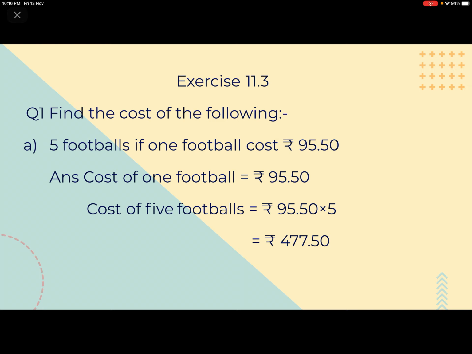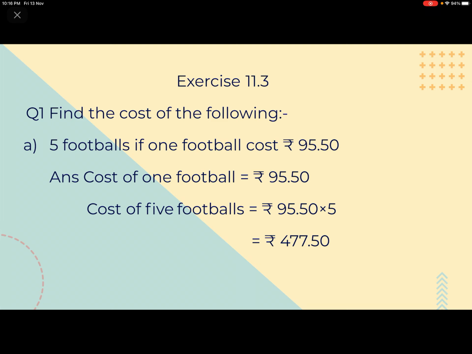So open your notebooks, put today's date, exercise 11.3 and the first question. Find the cost of the following. So the first part, 5 footballs, you have to find the cost. If the cost of one football is given to you, that is rupees 95 and 50 paisa. So the statement question is given, we will also write the statements. Cost of one football, rupees 95 and 50 paisa, and hence cost of 5 footballs.